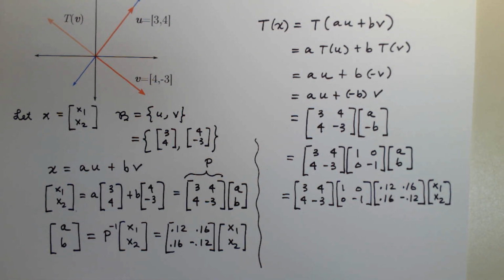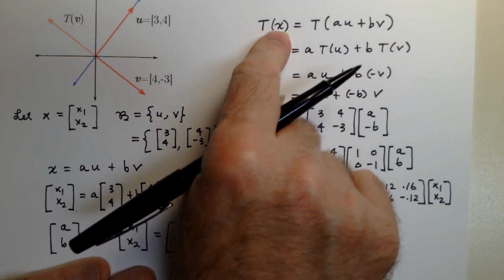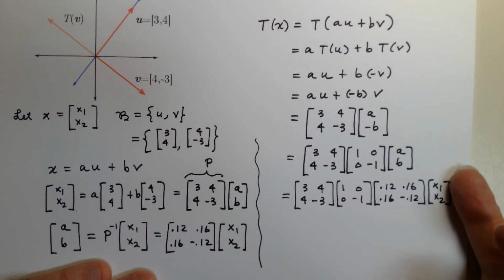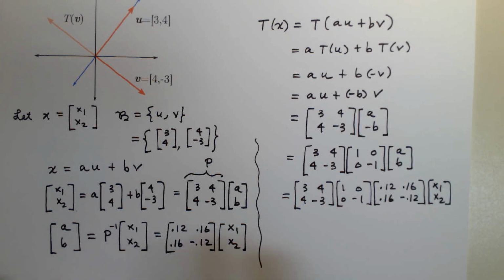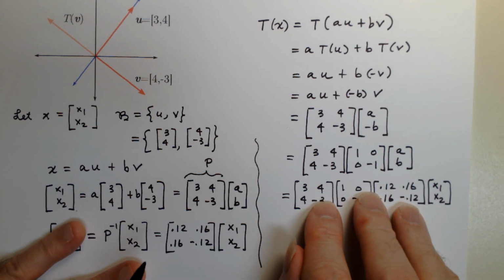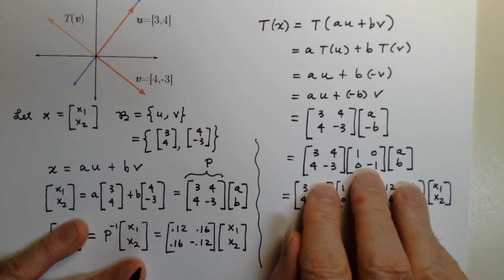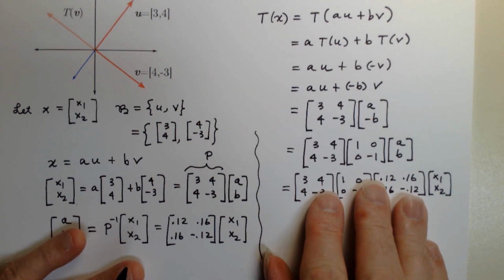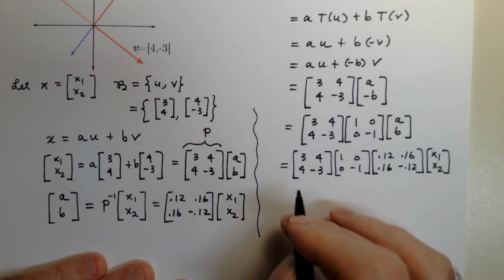Okay? So this says that T applied to the vector x is the same thing as the product of these three matrices applied to the vector x. So whatever the product of these three matrices is, and I will show you in just a second, must be the matrix that's representing this transformation T. So let me show you what the final answer looks like.